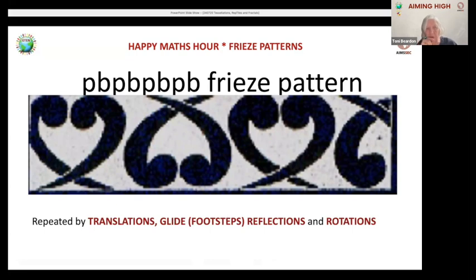That's like the footsteps. Can you see this is a glide reflection like the footsteps? Here you move the shape along and reflect it, and those two transformations give you a glide reflection. You've also got rotations here.